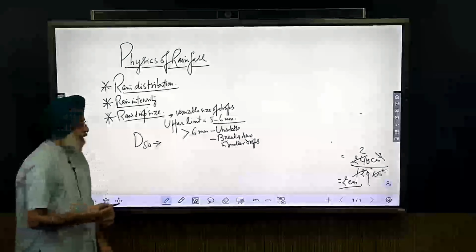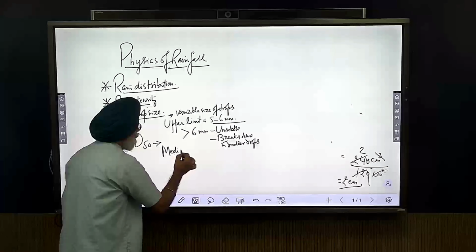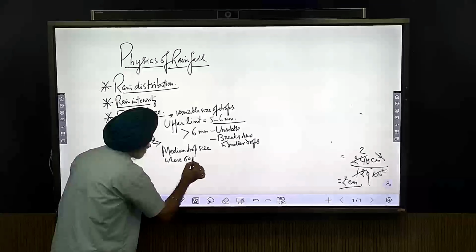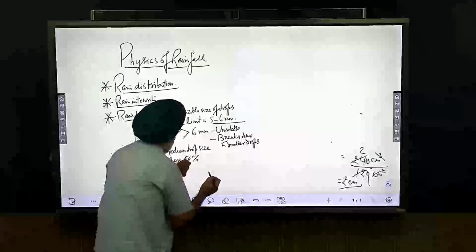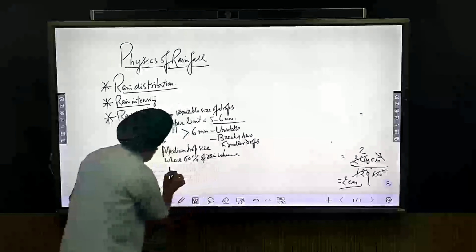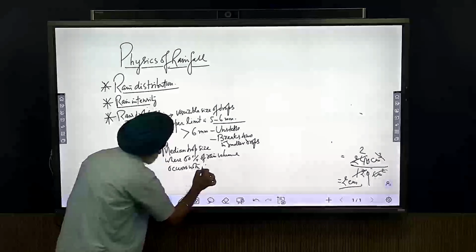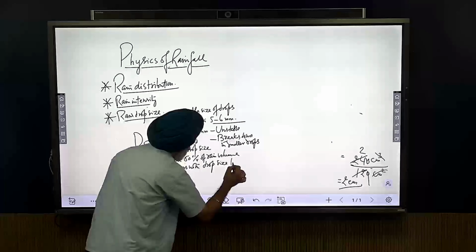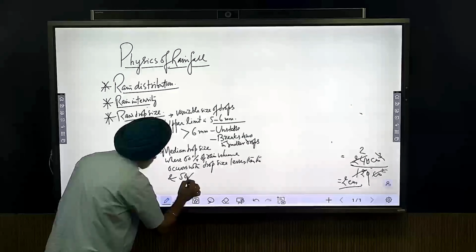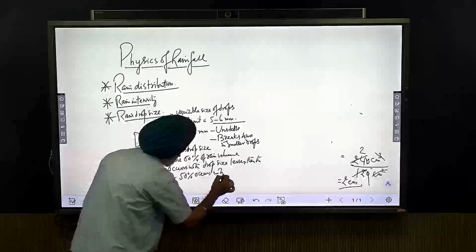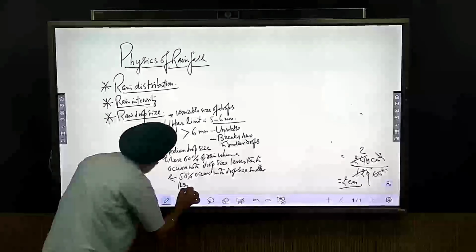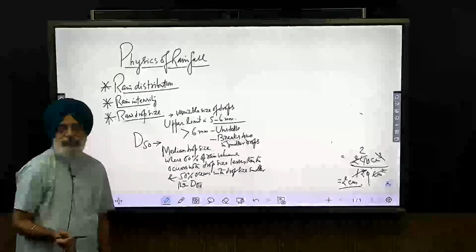D50 is basically the median drop size, where 50% of rain volume occurs with drop size lesser than this, and 50% occurs with drop size larger than D50. So this is how we come out with a parameter called D50.